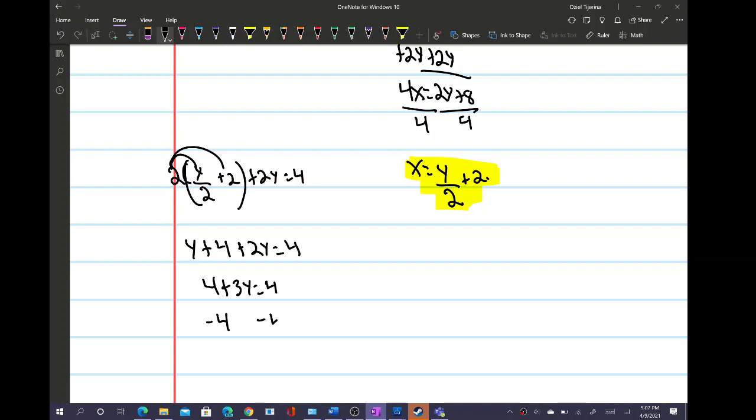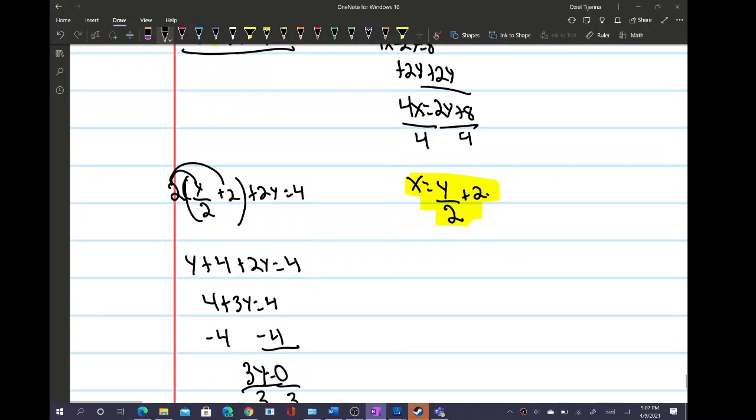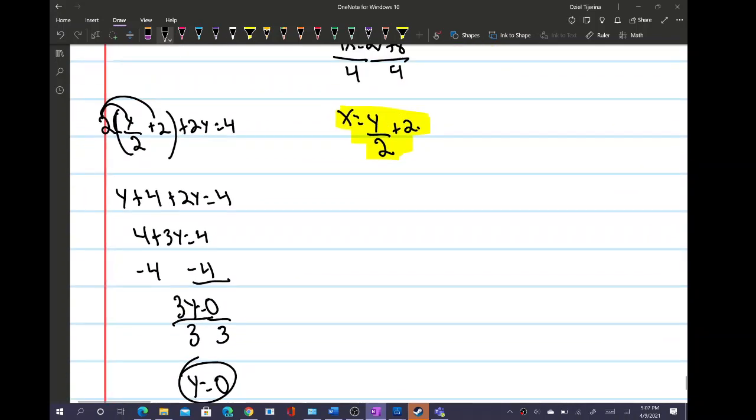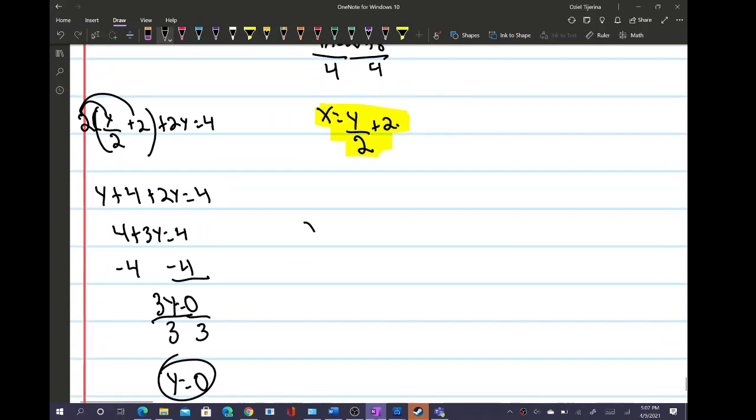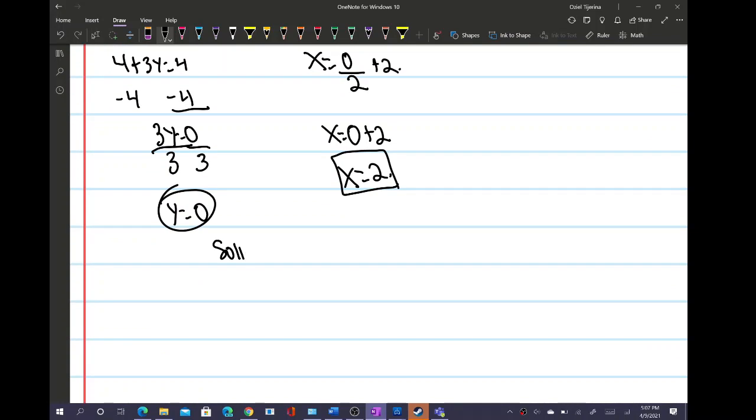So then you subtract 4 on both sides, you get 3y equals 0, and then you divide both sides by 3, you get y equals 0, right? And now since we have x by itself, we get x equals 0 over 2 plus 2, and then we have x equals 0 plus 2. So then x equals 2, right? So our solution as a coordinate would be 2, 0, right?